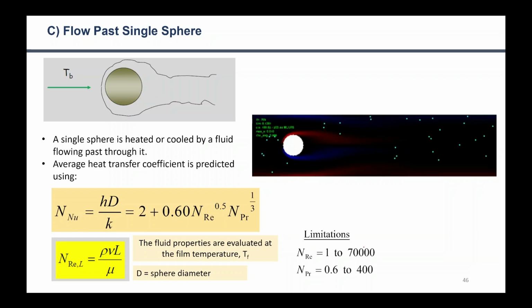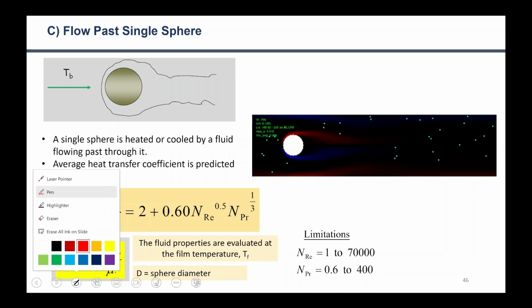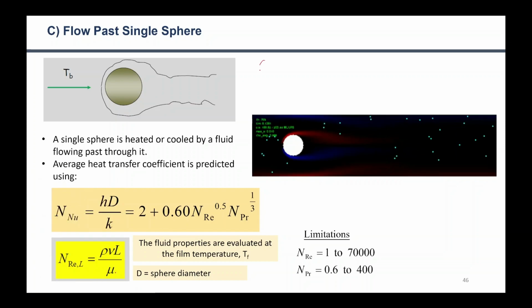A heat exchanger consists of several tubes. Inside the tubes there is an internal flow, and outside the tubes there is an external fluid flow over the tubes.